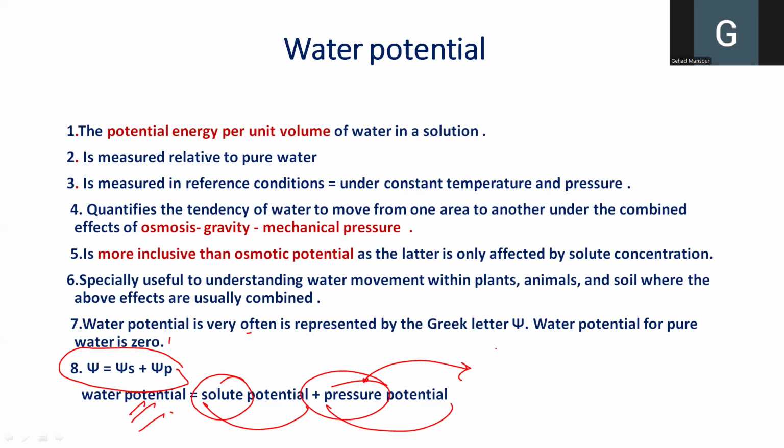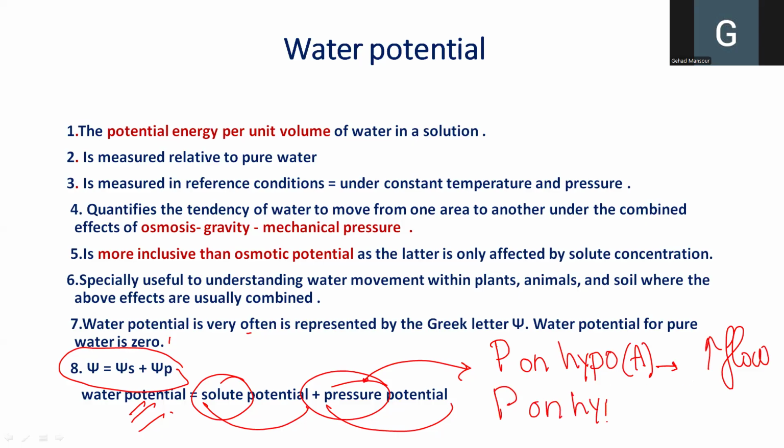If you press on the hypotonic side, as I've just explained, which is side A, then there will be increased flow from A to B. But if you press on the hypertonic side, which is B, then definitely you will diminish the flow from A to B. So again, to wrap up the content of the previous table, the water potential is the potential energy per unit volume of water.